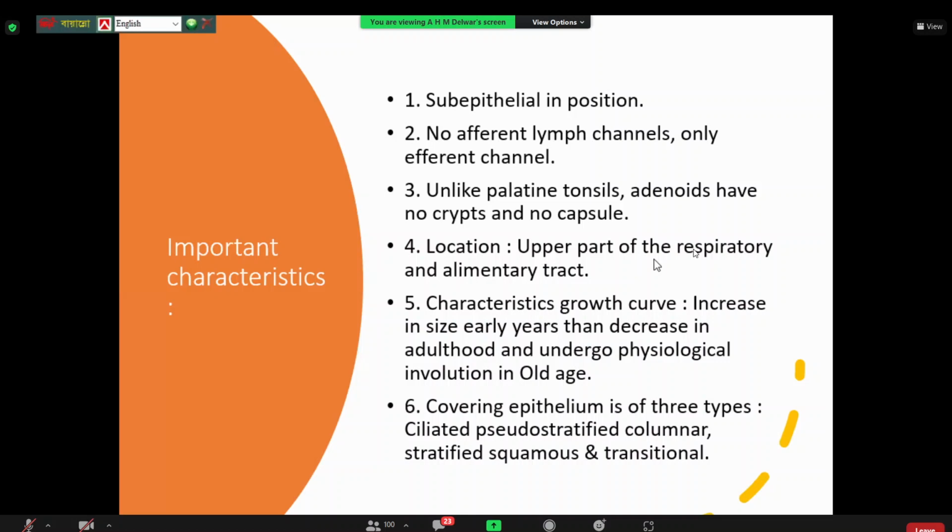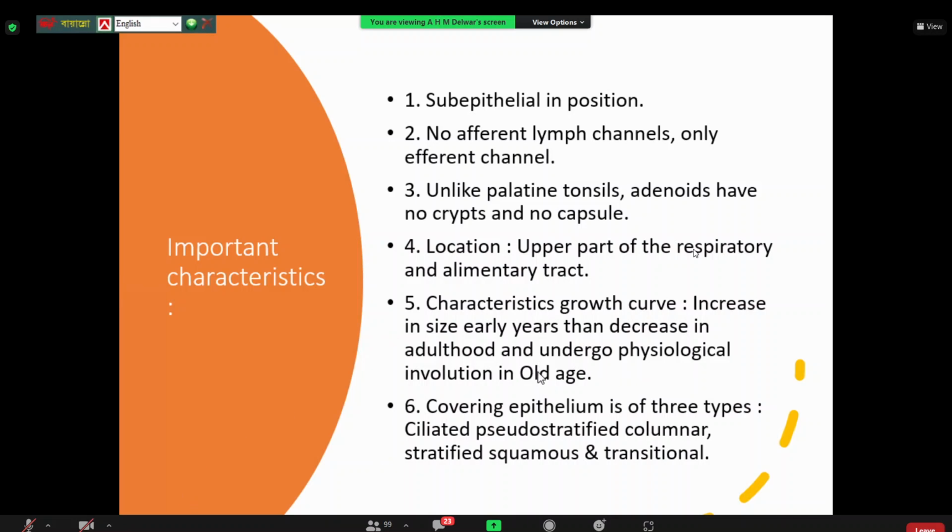Location: upper part of the respiratory and alimentary tract. Characteristic growth curve. What is the characteristic growth curve? Increase in size in early years, when the patient is an infant or child, then decrease in adulthood, and undergo physiological involution in old age.